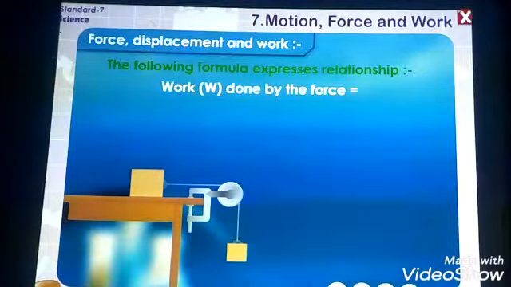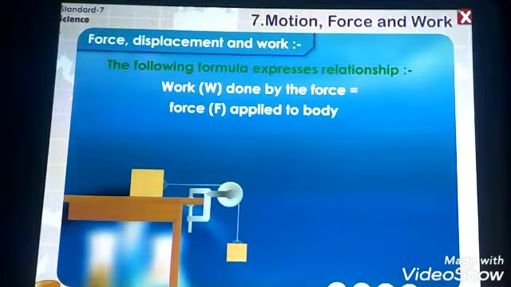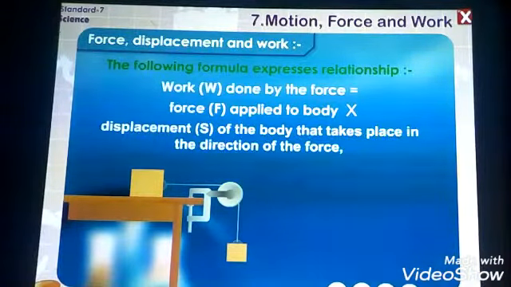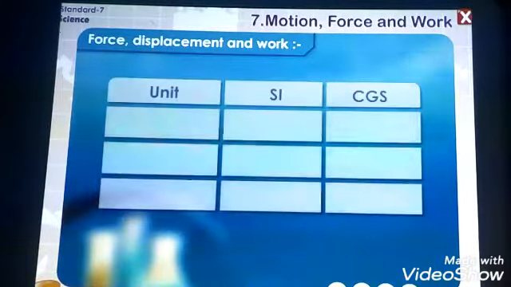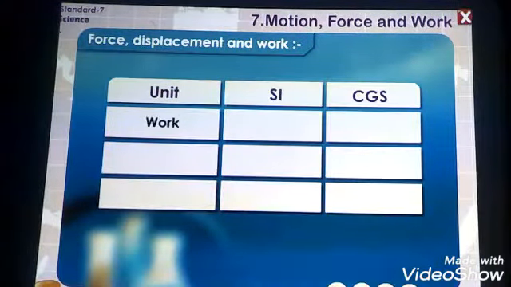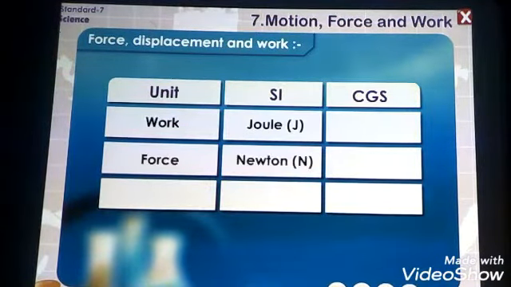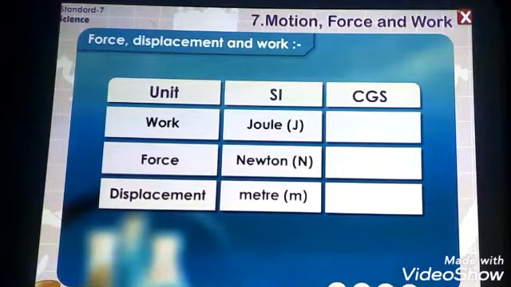The following formula expresses the relationship: work done by the force is equal to the force applied to the body into the displacement of the body that takes place in the direction of the force. Therefore, W is equal to F into S. The unit of work is joule, force is Newton, and displacement is meter.